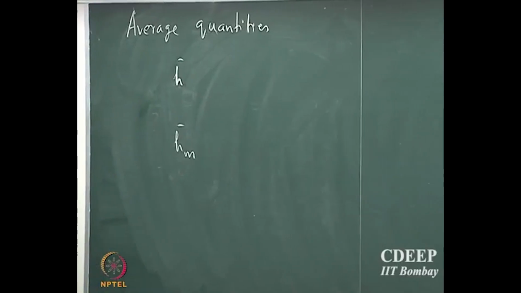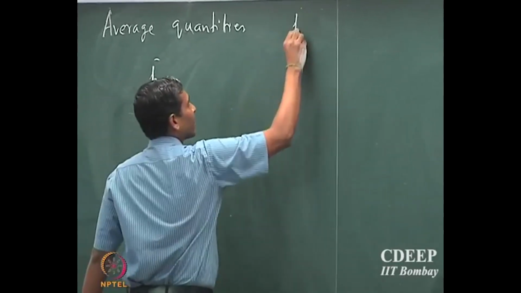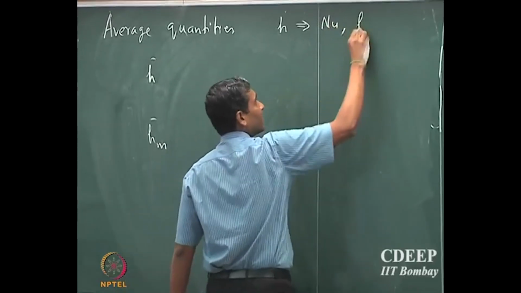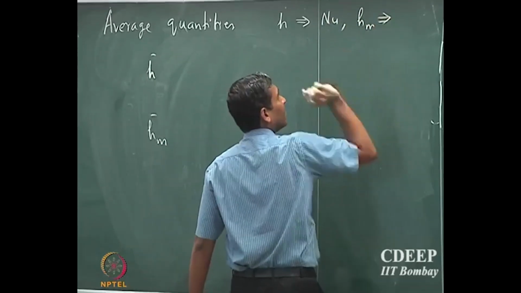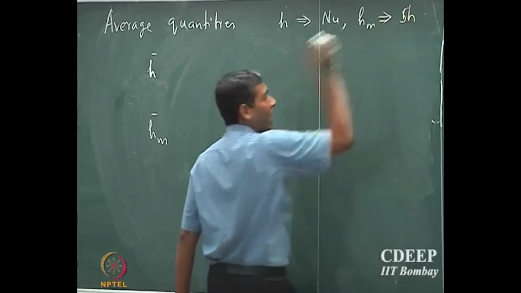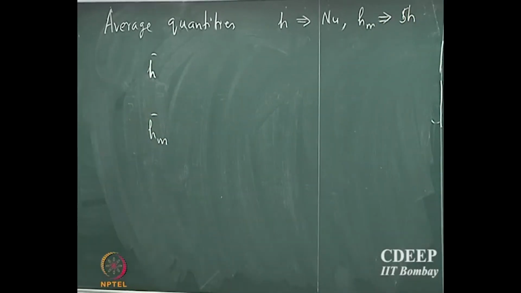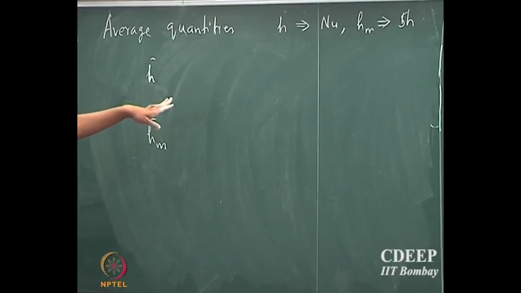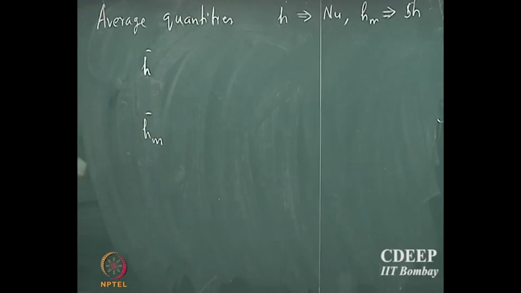Okay. But we said that for the local heat transport coefficient, you need to find the Nusselt number, and if you want to find the local mass transport coefficient, you will have to find the Sherwood number. So therefore we will have to define Nusselt number and Sherwood number based on these average quantities.